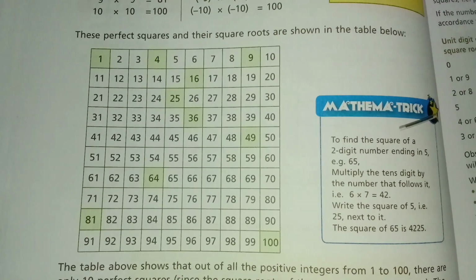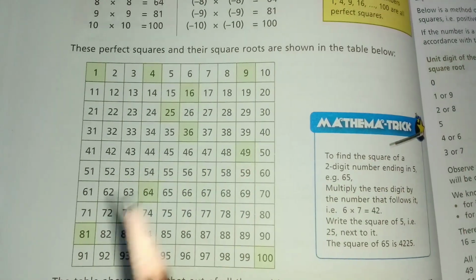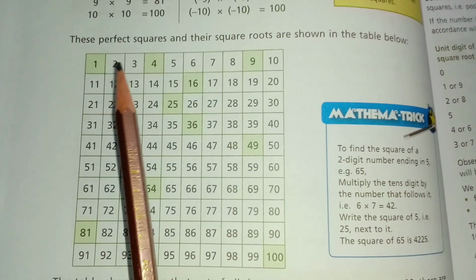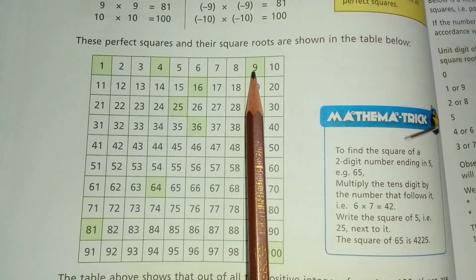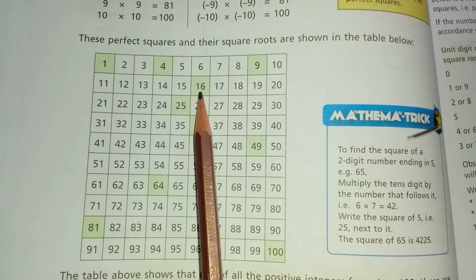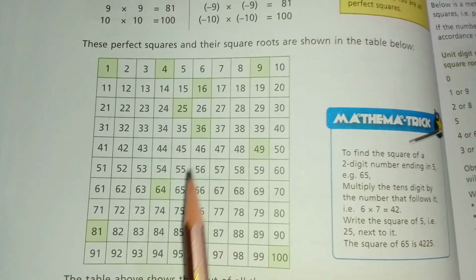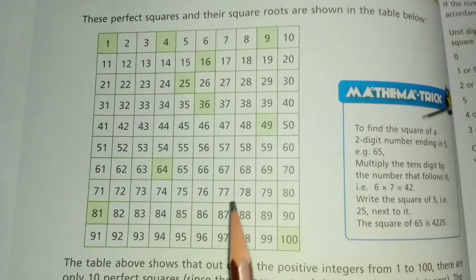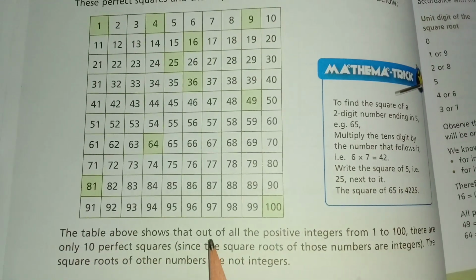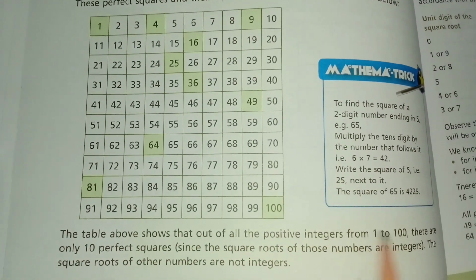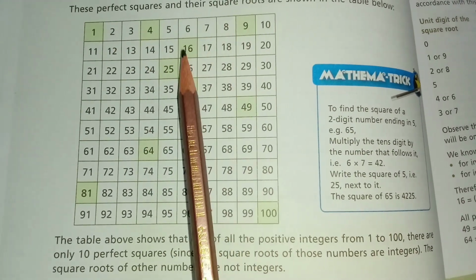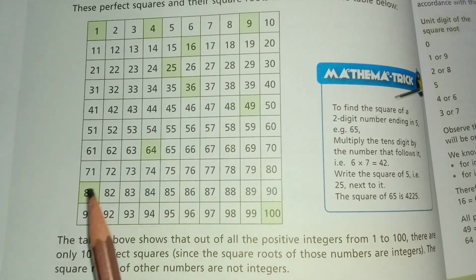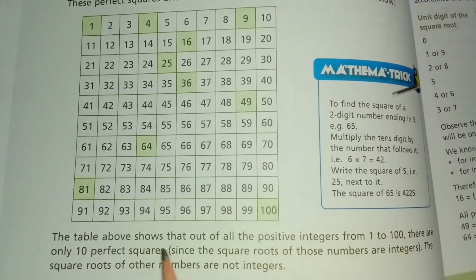Now look at this table. These perfect squares and their square roots are shown in the table below. 1, 4, 9, 16, 25, 36, these are all perfect squares that are shaded. The table shows that out of all the positive integers from 1 to 100, there are only 10 perfect squares.